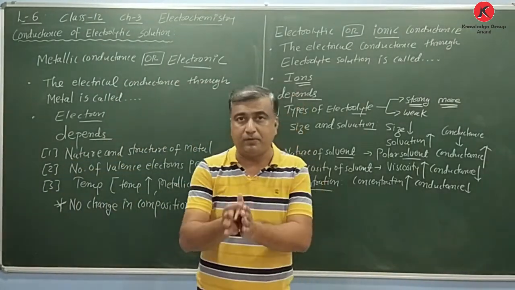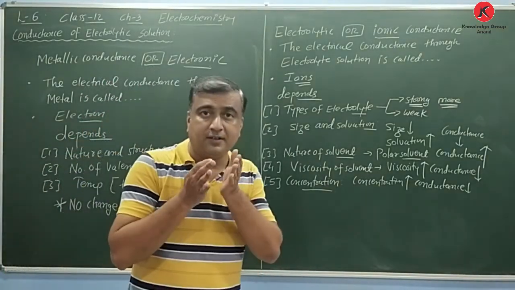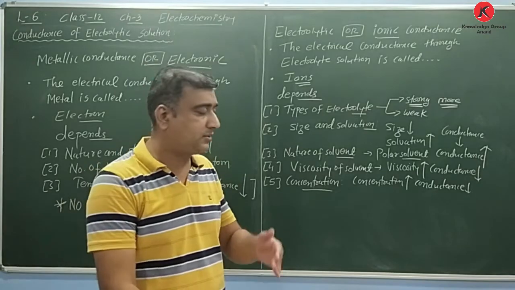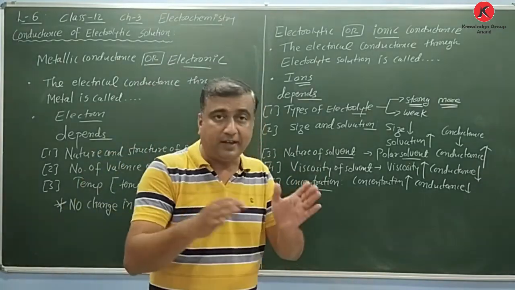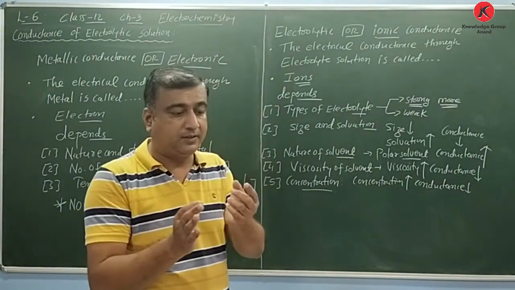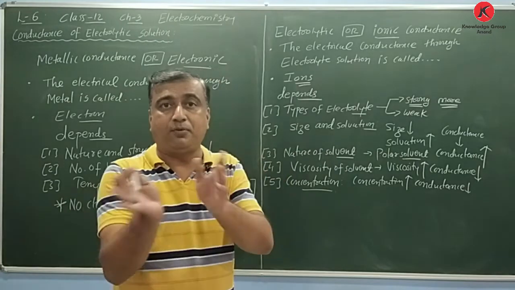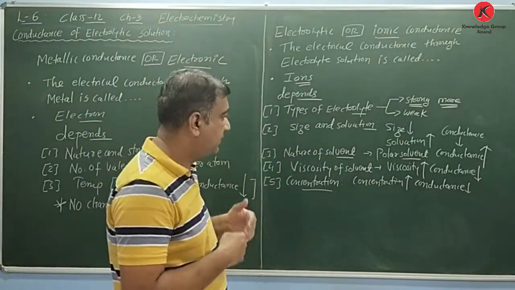Because in case of a weak electrolyte, it has a lower degree of ionization, that means fewer ions are there. In case of a strong electrolyte, at higher concentration, interionic attraction and repulsion forces are more. That means conductance is less.